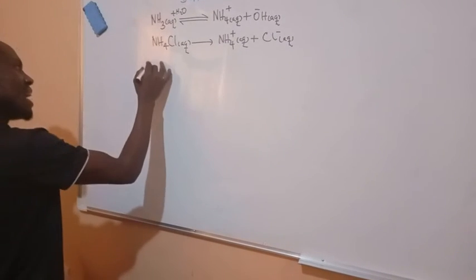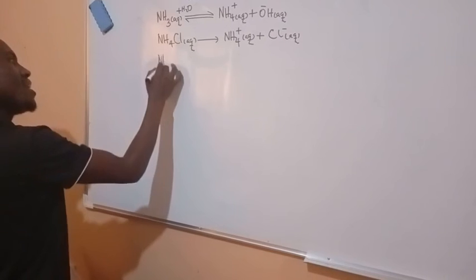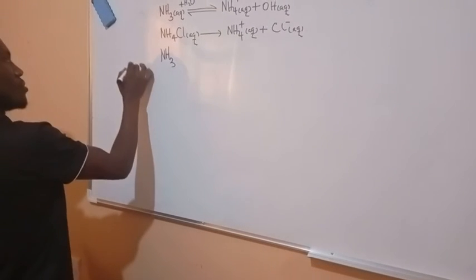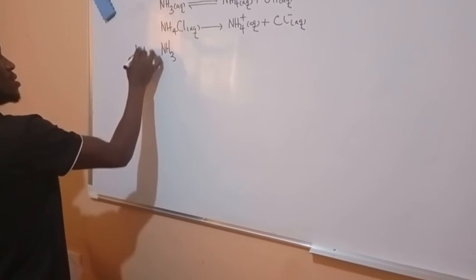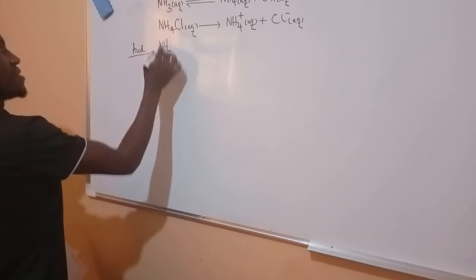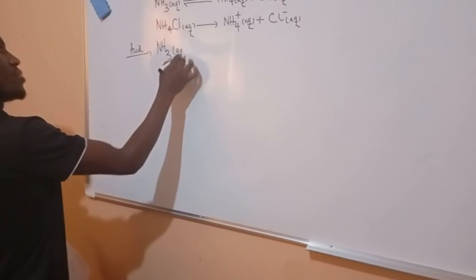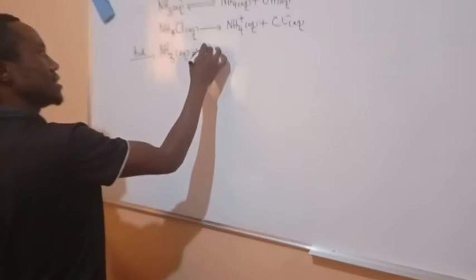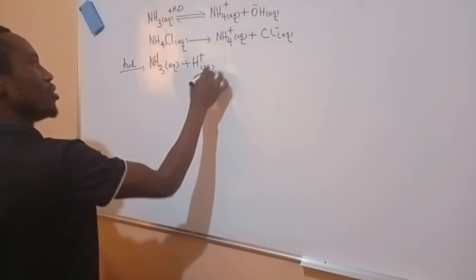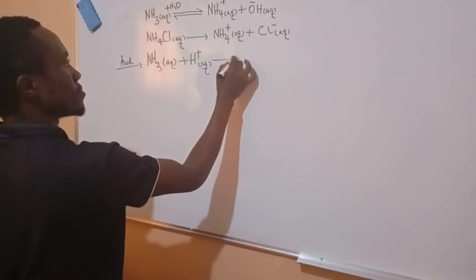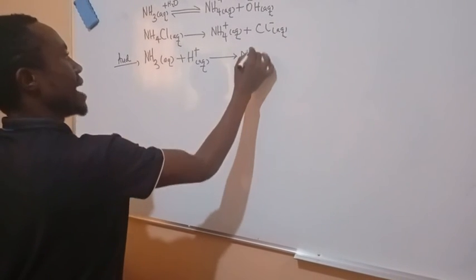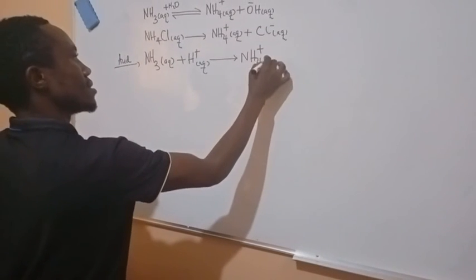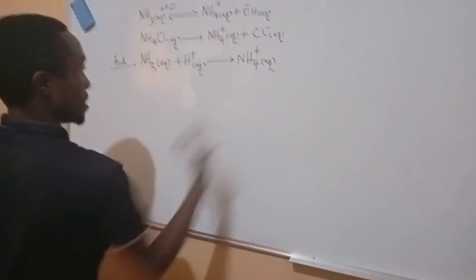the hydrogen ions will react with ammonia molecules. When you introduce an acid, the ammonia molecules will react with that acid, producing ammonium ions, which resists a decrease in pH.